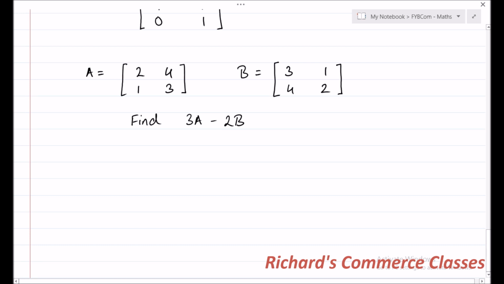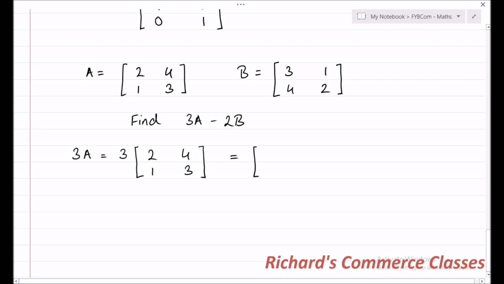So first you will have to find what is 3A. It will be 3 into the matrix A, that is 2, 4, 1, 3, which is equal to multiply 3 with all the elements of the matrix.